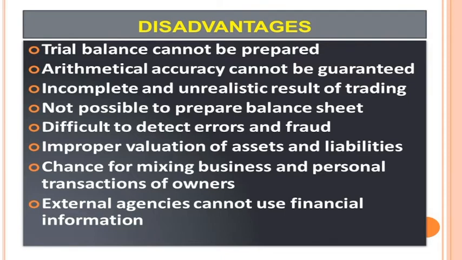Improper valuation of assets and liabilities; assets and liabilities were valued improperly. Chance for mixing business and personal transactions of owners. In the double entry system, the first rule is the business entity concept: the owner is different from the business. If we took any amount from the business, it is treated as drawings.